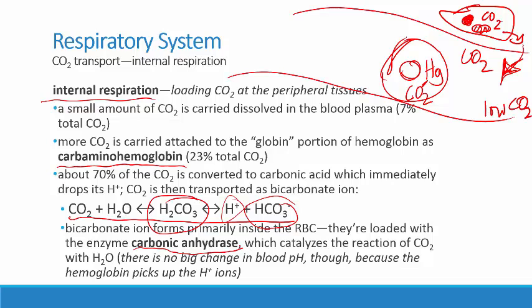Without carbonic anhydrase, this reaction would go very slowly, and it catalyzes the reaction between CO2 and water. So lots and lots of HCO3 minus here and hydrogen ions. That's where most of the CO2 is carried, in this bicarbonate ion. And, of course, it makes the blood acidic.